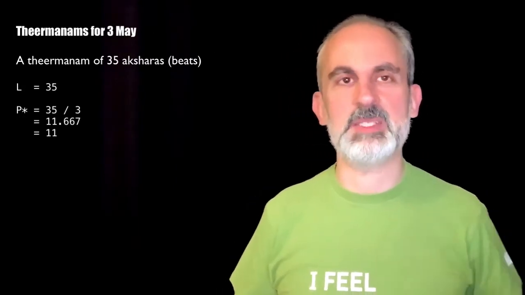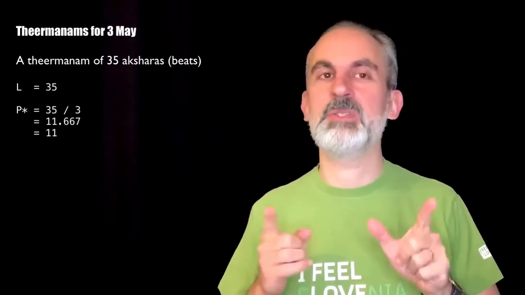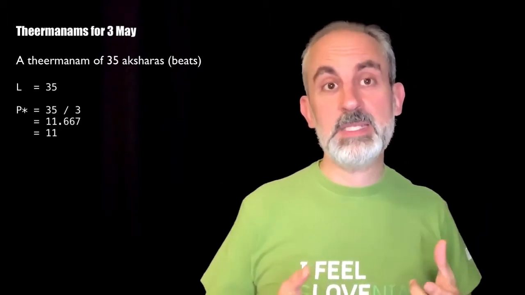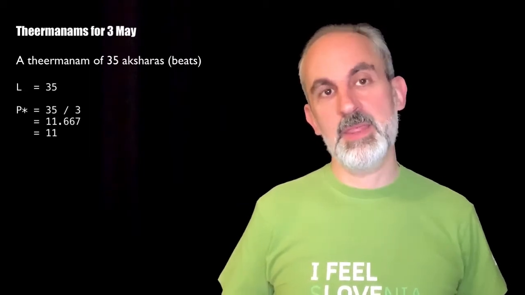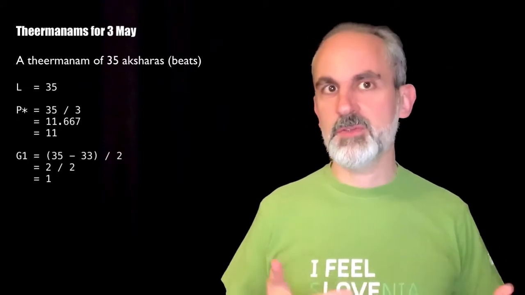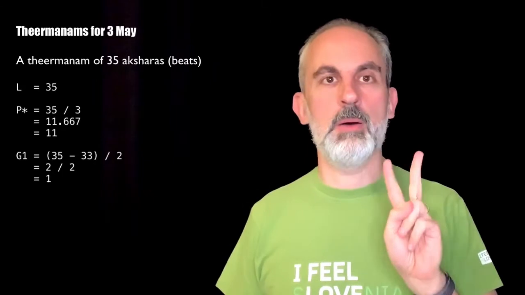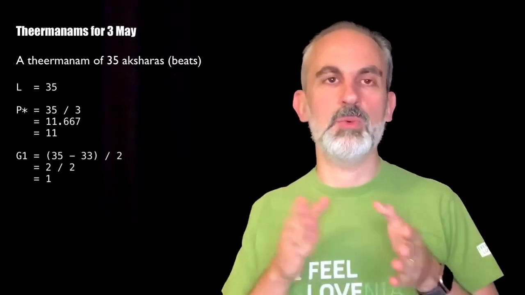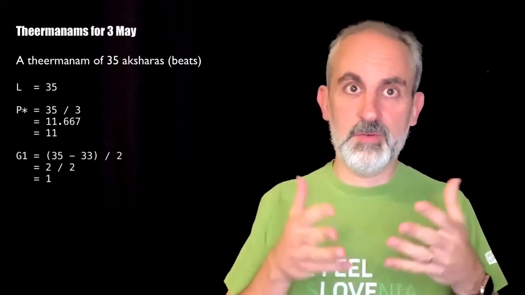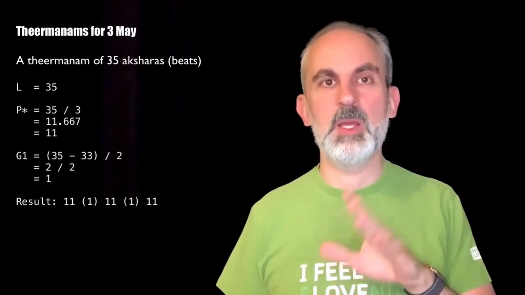That doesn't help us, so we need to round it down to the nearest odd number, because 35 is an odd number in itself. That means it is 11. If we sum up 11, 11, and 11, we have 33, and our chosen length is 35. So we have two more aksharas that we assign one to each of the gaps. That gives us a theermanam for 35 beats with a structure of 11, one gap, 11, one gap, 11.